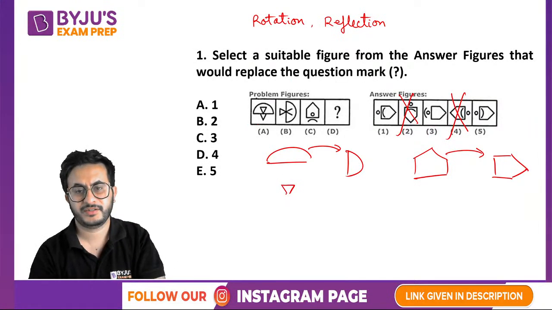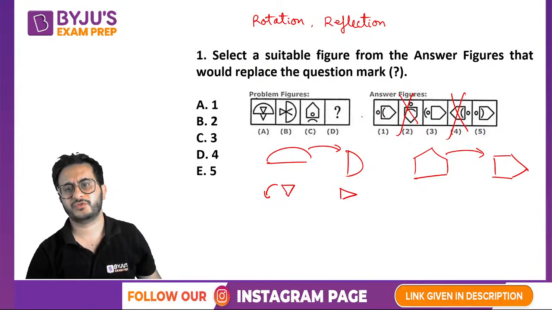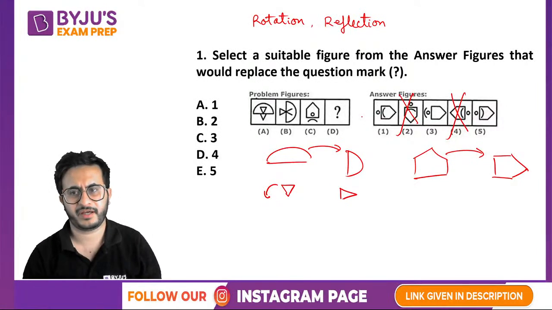This triangle, what happened to this triangle? This triangle got rotated this side, and it became like this. So the one which was inside, now circle, even if it rotates anywhere, it will remain as it is. So circle will not have any effect on it, right?